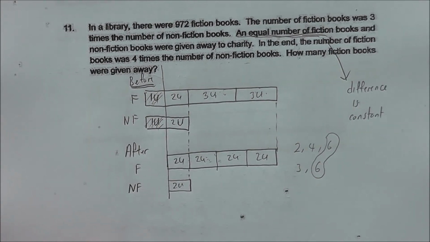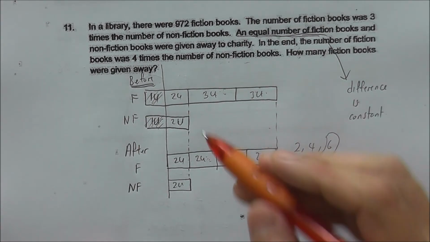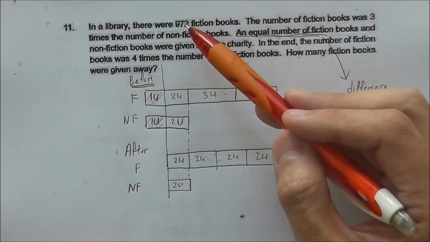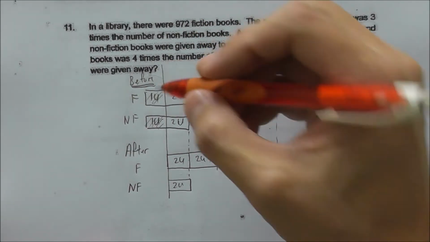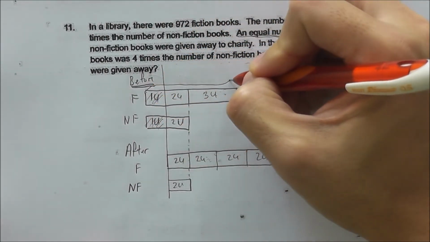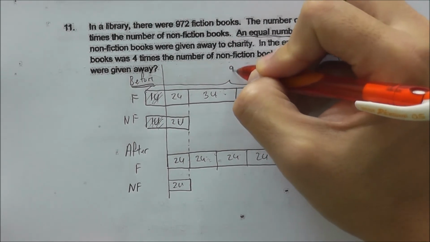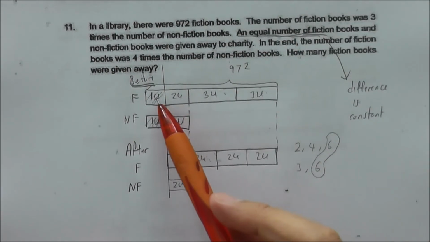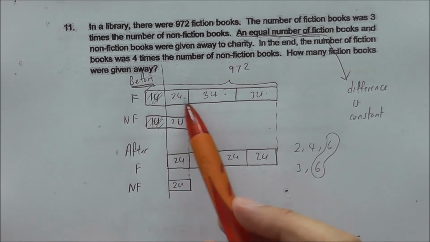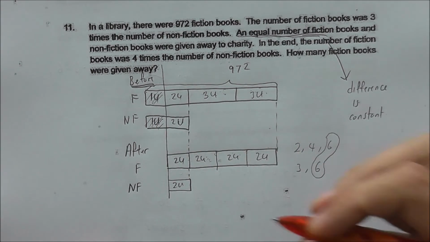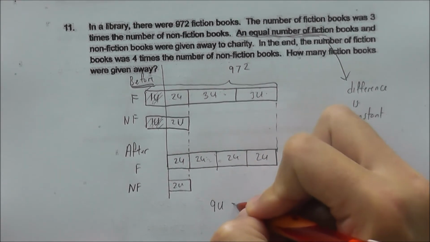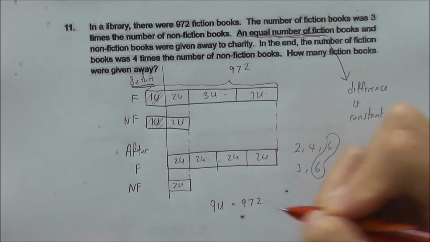Okay? And in the library, there were 972 fiction books, right? So that means at the beginning, you can see 9 units. So 9 units is 972.